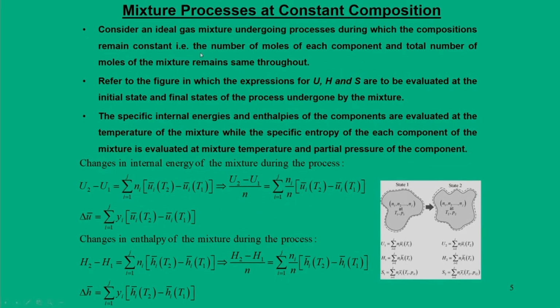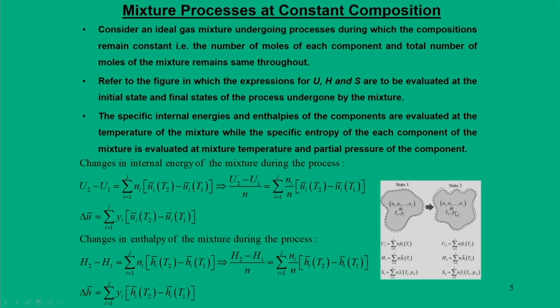First, we consider a mixing process at constant composition. If you look at this picture, we have a mixture at state 1 and state 2. Initially the mixture is formed with J gases with their mole fractions N1, N2 and Nj, at initial temperature and pressure T1 and P1.